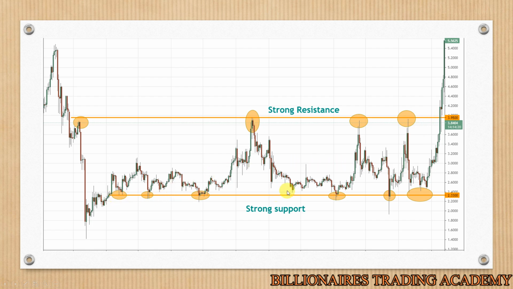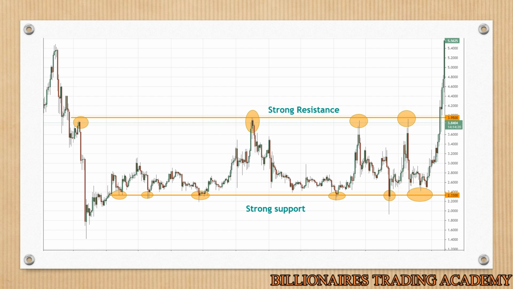Down here it's not respecting this point, but we can see from here that price has been failing to go beyond these points. So this becomes our valid support level, and the one at the top becomes our valid resistance zone. Every time price comes back to this level, we sell. Every time it comes back to the support level, we buy.